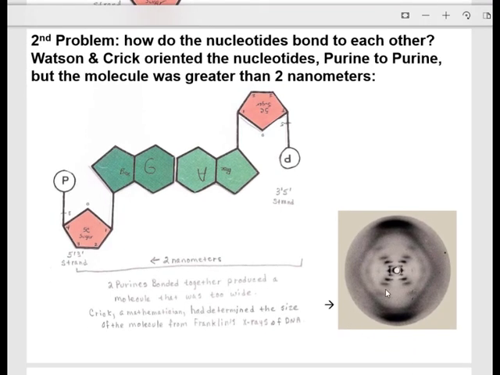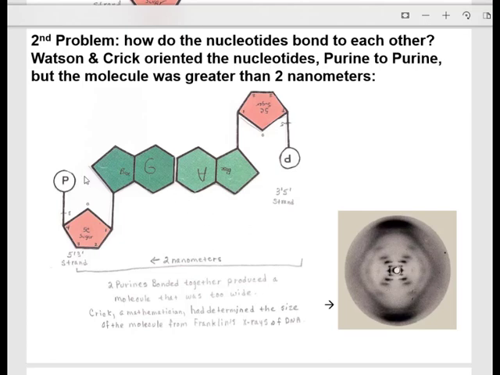Crick had used this X-ray diffraction picture of DNA that Franklin had taken, and he had determined the width of the DNA molecule had to be only 2 nanometers.